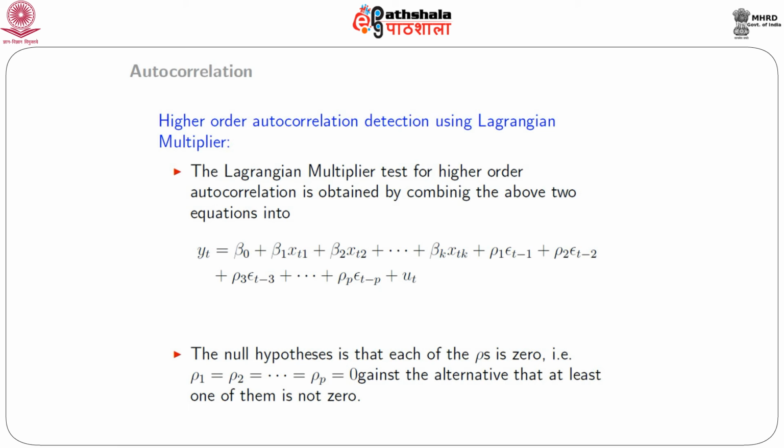The null hypothesis we now wish to test is that all the rhos are 0, that is, rho 1 equals rho 2 equals ... equals rho p equals 0, against the alternative that at least one of the rhos is not 0.